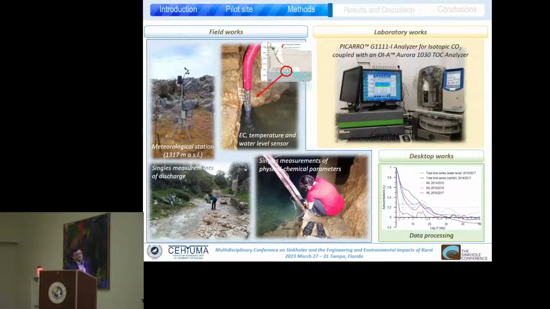Then we collect samples for each spring, both permanent and overflow spring. Obviously, in low water condition, it's possible to enter into the aquifer and collect the sample directly in the saturated zone. However, in high water condition, we collect the sample only outside of the aquifer.